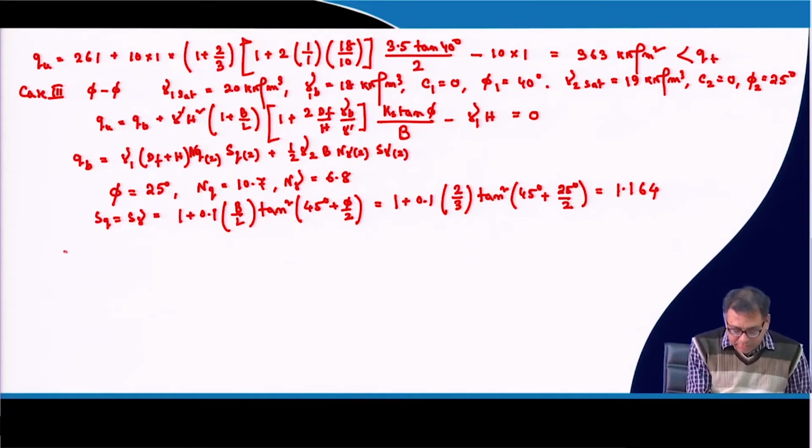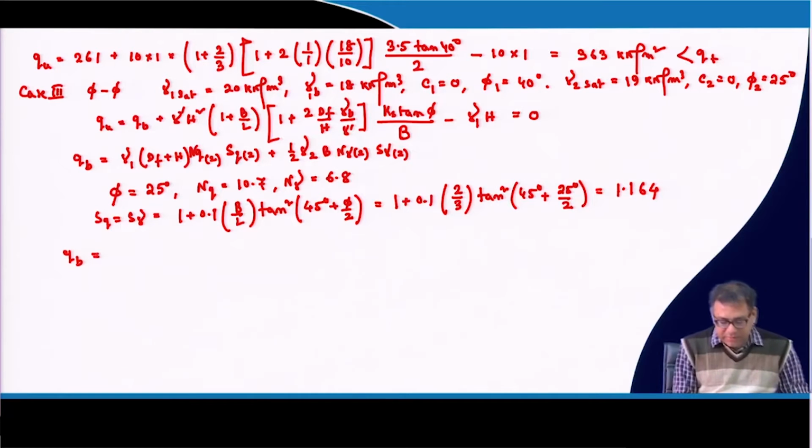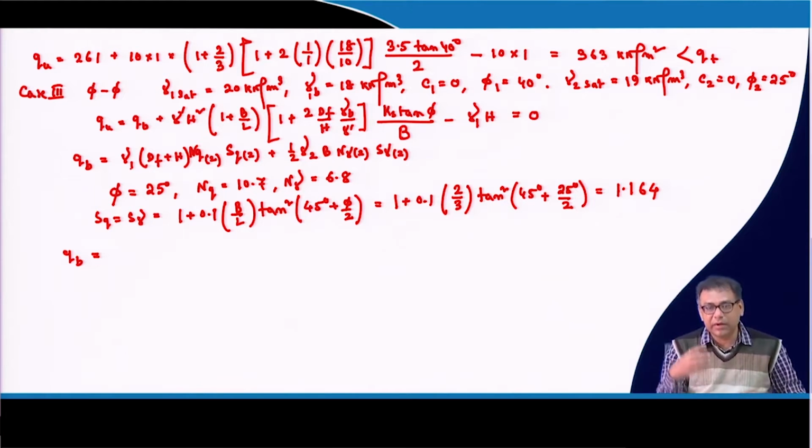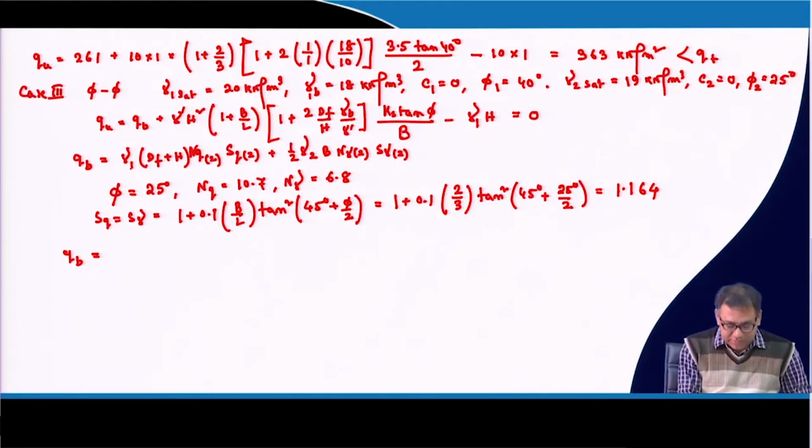So, now I will calculate the q b. As I mentioned, in this equation I have written the general way, but now the gamma is different: the df part has one gamma and the h part has another gamma. So, that is why I am writing in a different form. That is equal to 1 into 18 plus 20 minus 10 into 1.